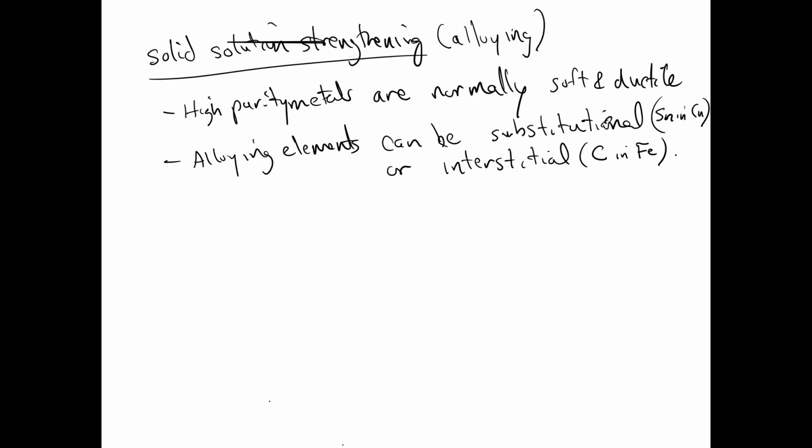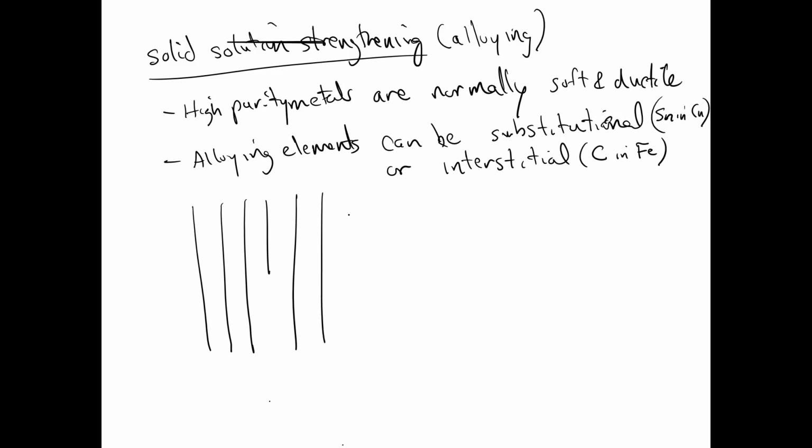So let's draw a little bit of a figure here. Remember, we had a dislocation, and we said that dislocation had a strain field associated with it. We said it was compressive here and tension here.